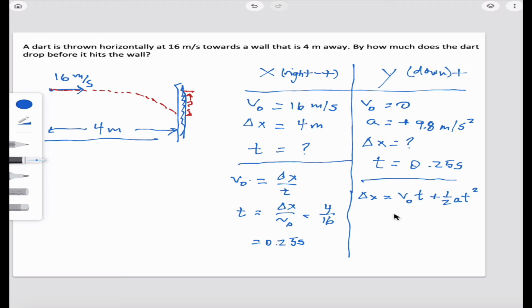The initial velocity is 0, so we can ignore this term, and we just have 1/2 times 9.8 times 0.25 squared, which gives us a displacement of 0.306 meters.